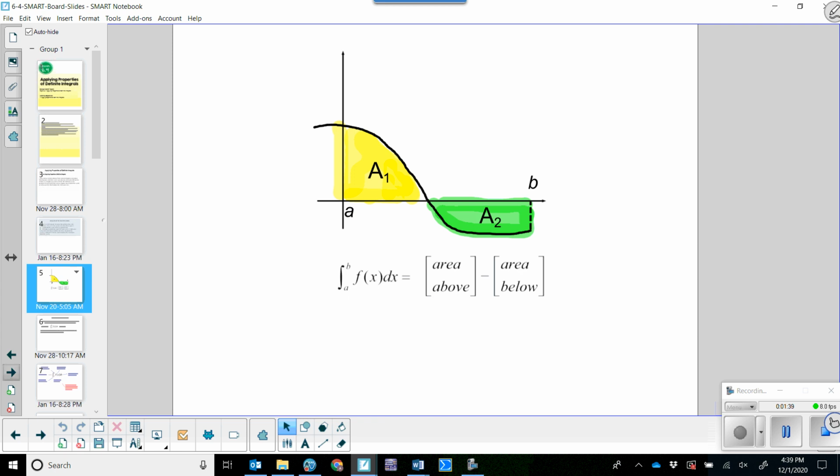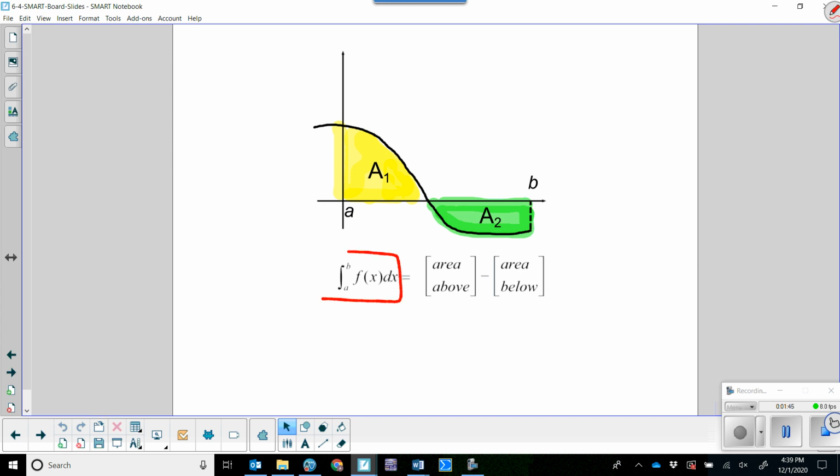So this is an example of what it means. If I simply do the integral, I am not truly getting area. I'm getting a numeric answer, which can be negative. If the entire function is above the x-axis, then the answer will be positive, and it will be the area. But in this example, I've got some above and some below, so the answer to this integral will be the area above minus the area below.